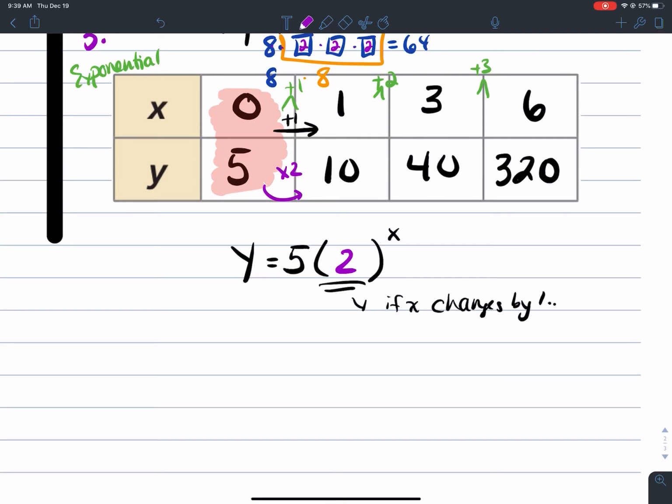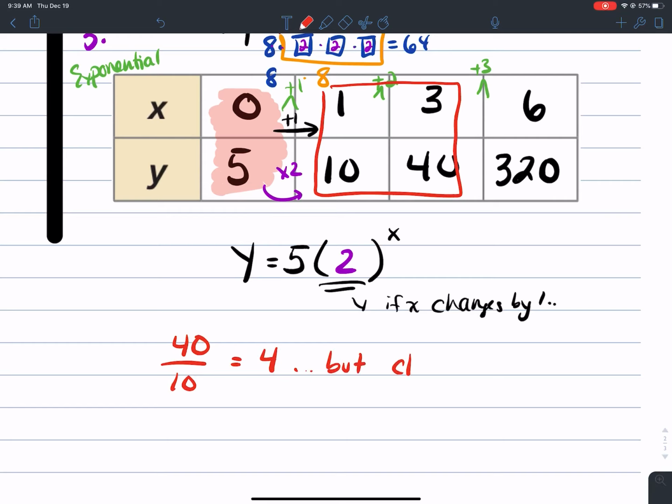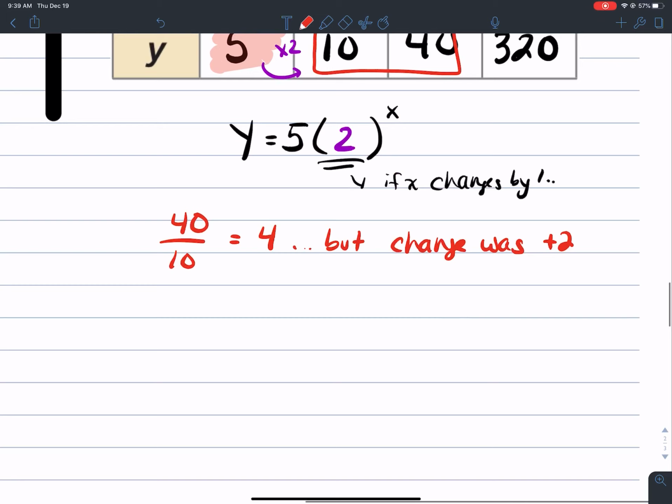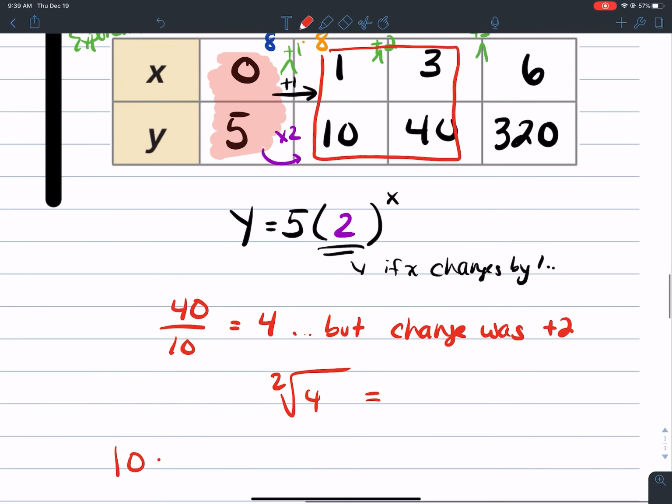I just want us to see again how we could do that in a slightly different way. If I calculated my constant ratio between these two terms, I would take the y value of 40 and divide it by the y value of 10, which is equal to 4. But the change in x between those two was 2, which means I would need to take the second root to get my constant multiplier. Because what I'm saying is I started at 10 when x was equal to 1.